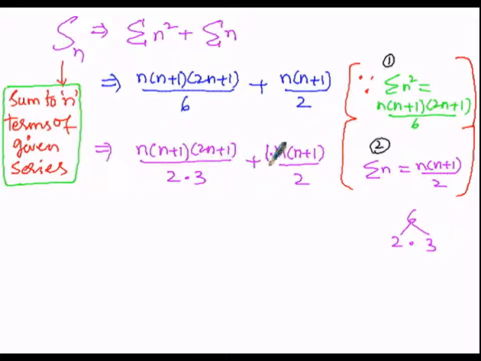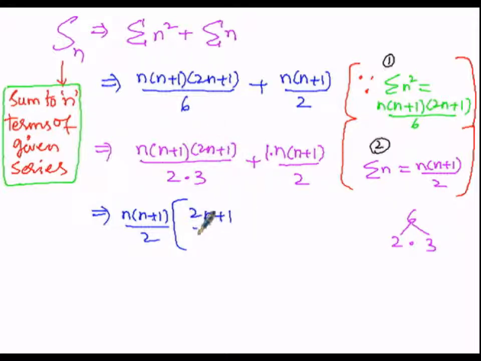Then in the next logical step, n into n plus 1 overall divided by 2 from the first term and from the second term, I want to take it as common. So here n into n plus 1 overall divided by 2 is taken out as common, n and the bracket n plus 1 and the denominator 2 are taken out as common, whereas in the numerator just 2n plus 1 is left over.